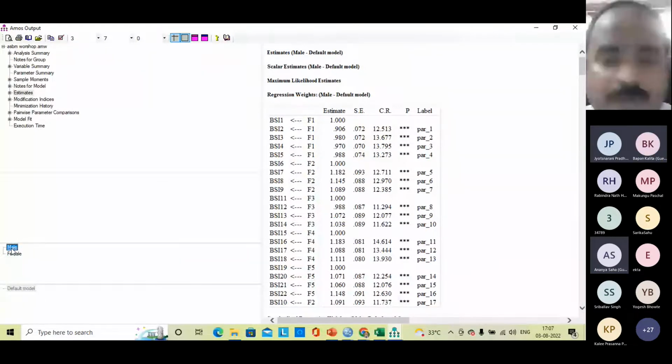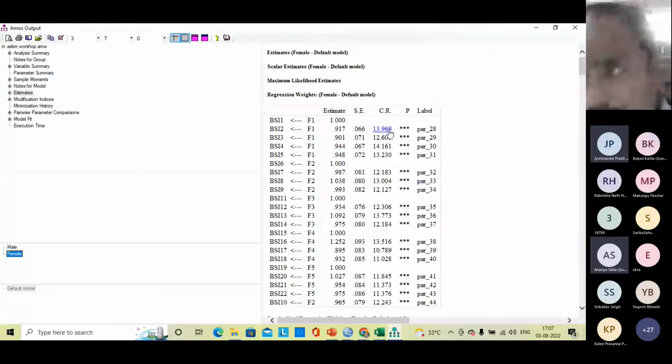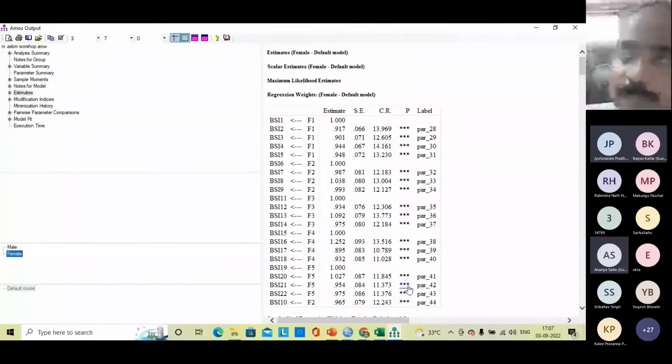Now it becomes 12.513 for male, and for the female 13.969. Values are slightly differing, but the most important, the significance P value, is not differing. That means the initial inference I have drawn is that the measurement indicators are invariably measuring the constructs.